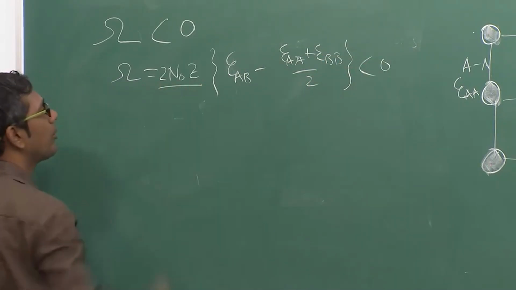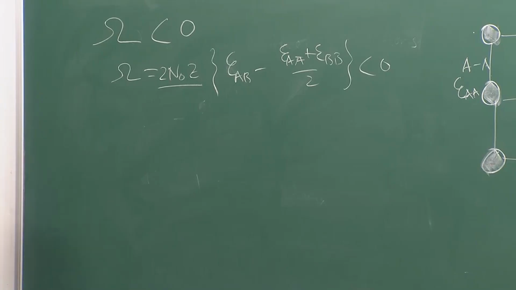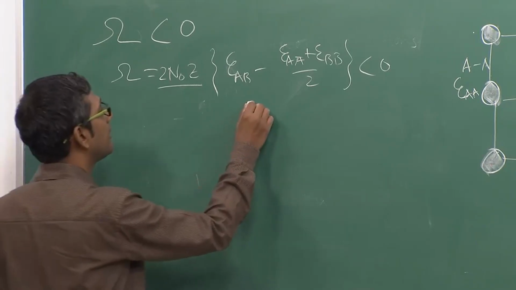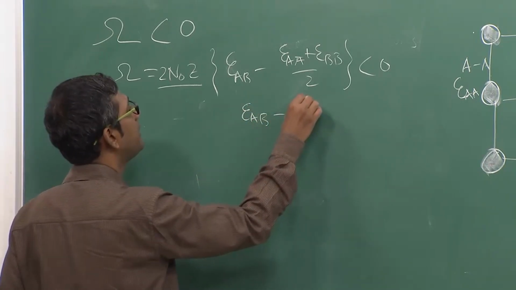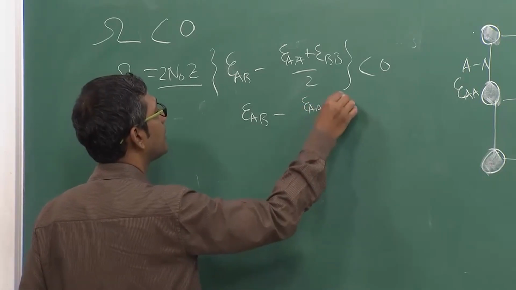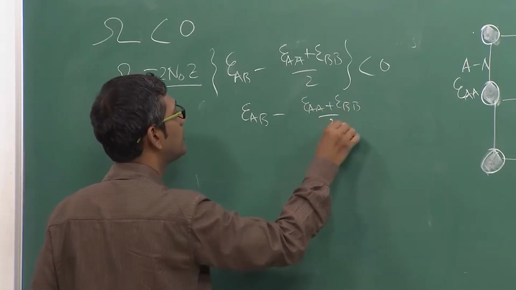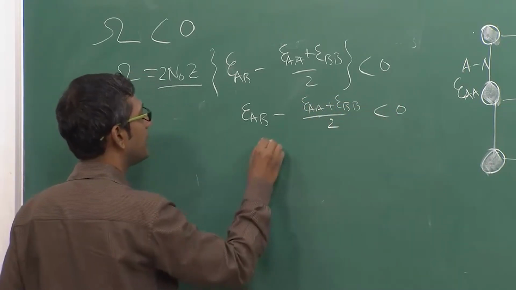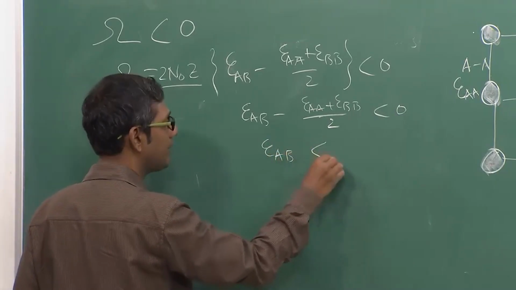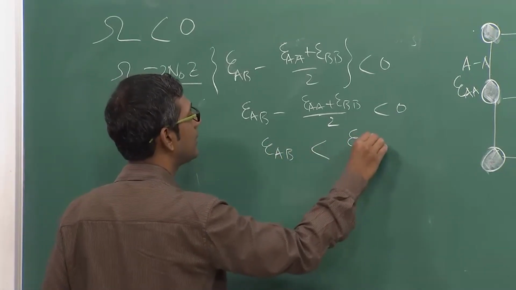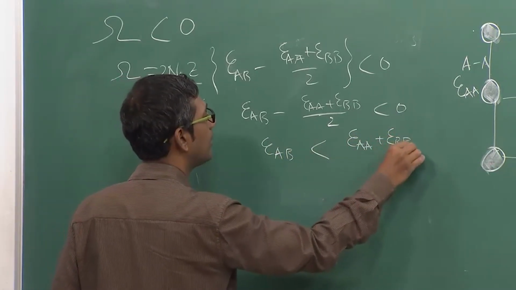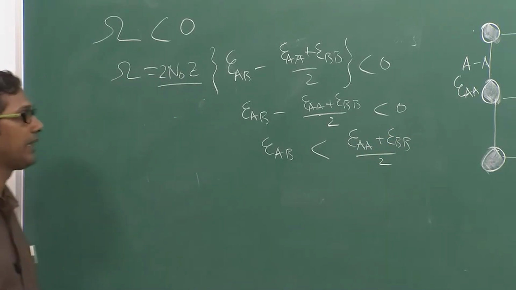This parameter cannot make any change in the sign of omega. So therefore that means epsilon_AB minus (epsilon_AA plus epsilon_BB) by 2 is less than or equal to 0. That means the AB bond energy is less than or equal to the average of the bond energies of AA and BB.